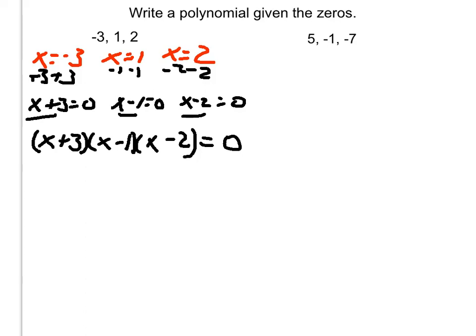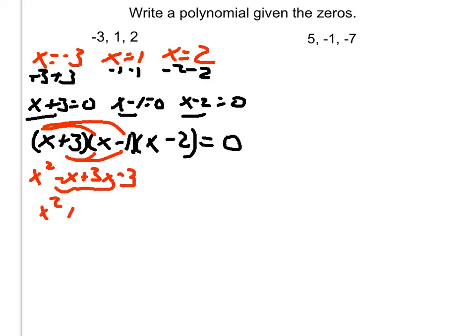So FOILing out the first 2, we have x times x is x squared minus x plus 3x minus 3. So putting together our two like terms, we have x squared plus 2x minus 3.